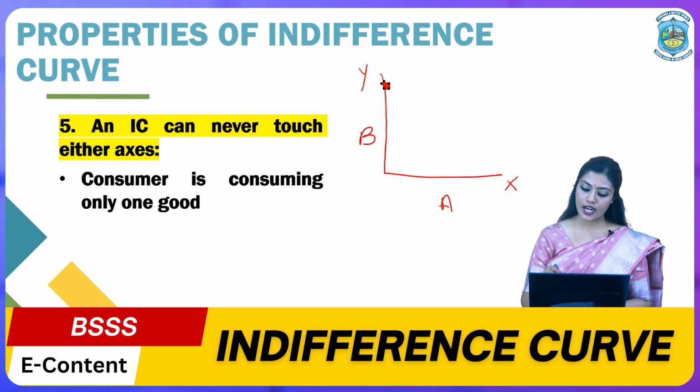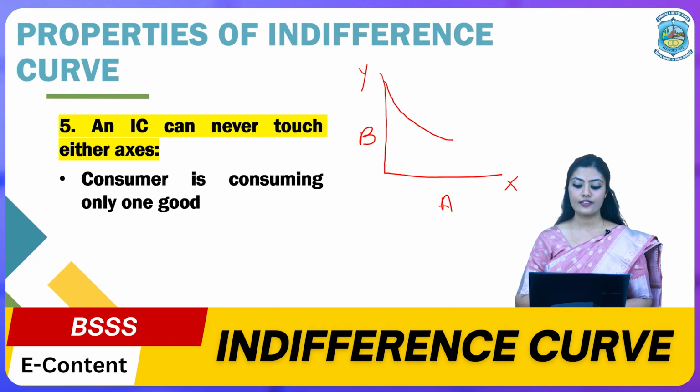If I draw a curve touching the y-axis, it would mean that a consumer is consuming only one good, that is banana, and he is getting satisfaction from that, which is opposite of what we had studied, because we discussed that when I talk about the indifference curve, there should be a combination of two goods.